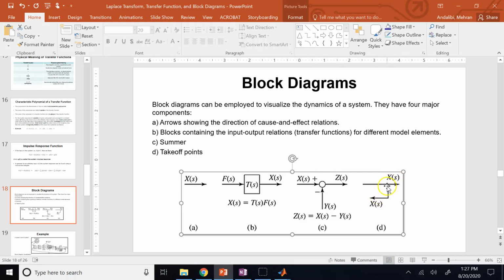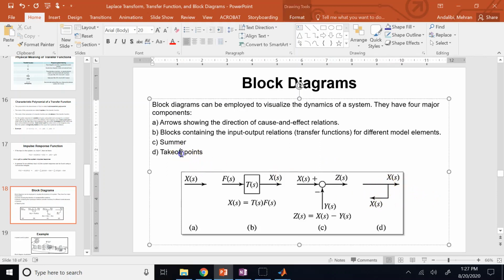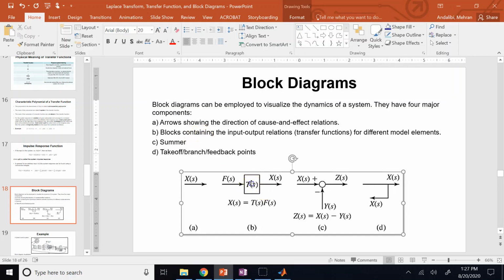So from this output, we get the feedback through a sensor and send it back to the system. So we have what we call a takeoff or a branch. You might also call it the branch point, or feedback point. You have summers, you have blocks, and you have simple signals, right?